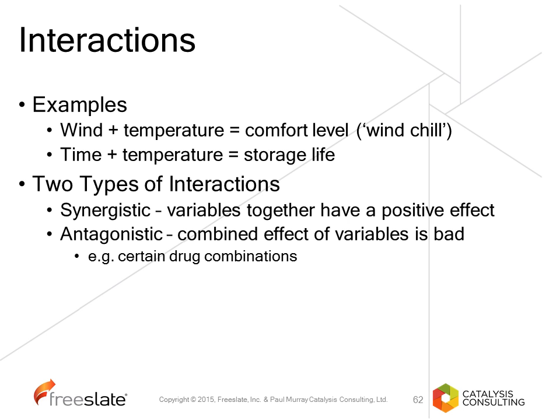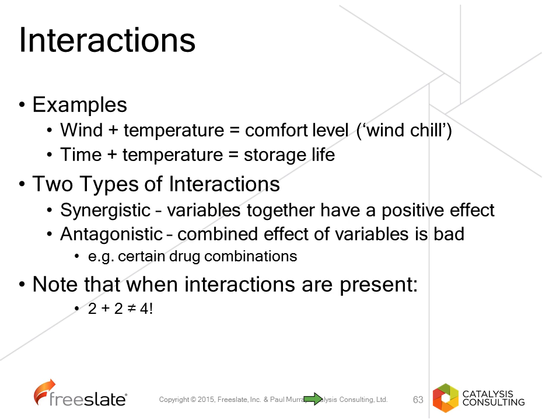Interactions can also be antagonistic, so when combined together they give a bad outcome. A particular example of that is drug combinations. The simplest thing with interactions is that if you have an interaction, 2 and 2 will not give you 4. 2 and 2 could give you minus, or could give you 100.